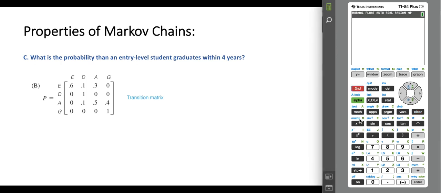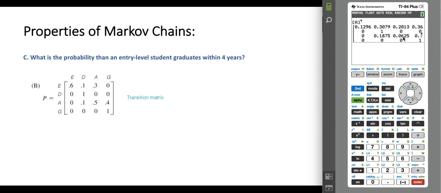We're going to press second, matrix, and we're going to edit matrix A. I've already done this and I've already entered the information. If you want to pause the video right now and enter it yourself, feel free. Once you get all that information in there, you're going to quit, and then call up that matrix one more time. So second matrix, remember we put that in A, so we'll press A. And we're going to raise that using the caret button to the fourth power.